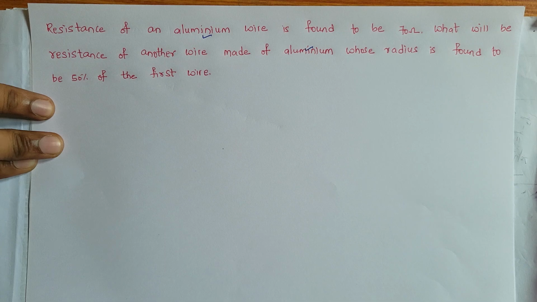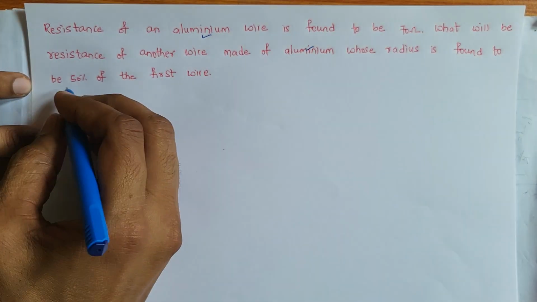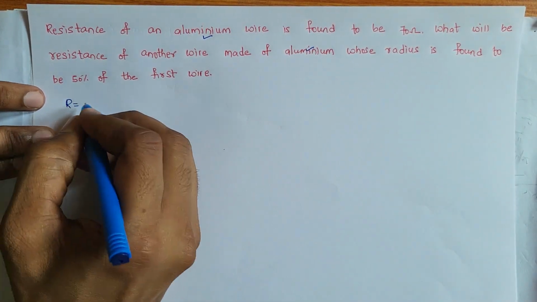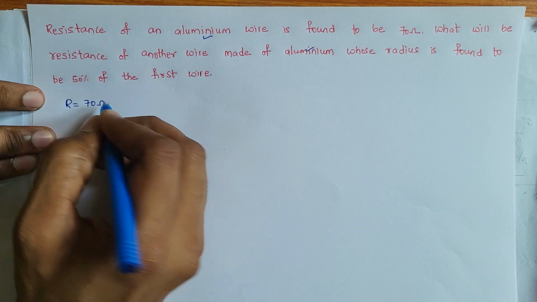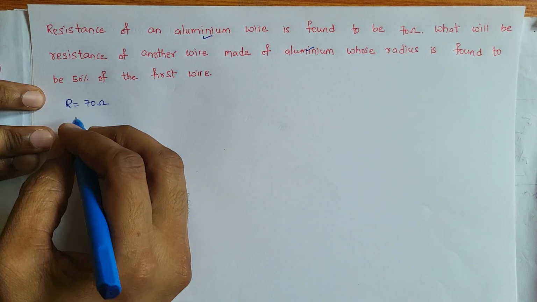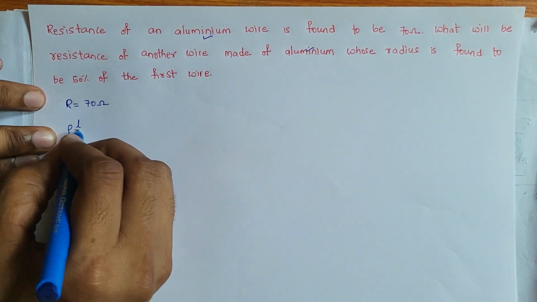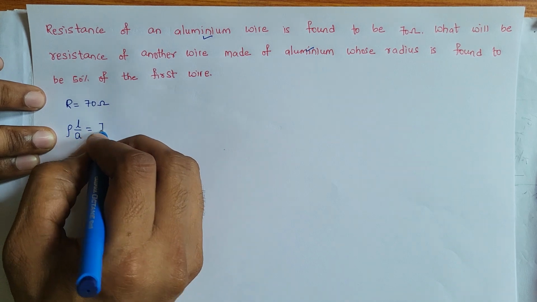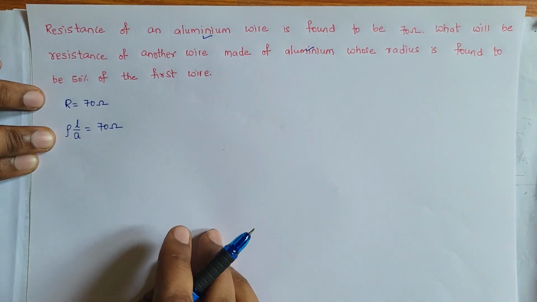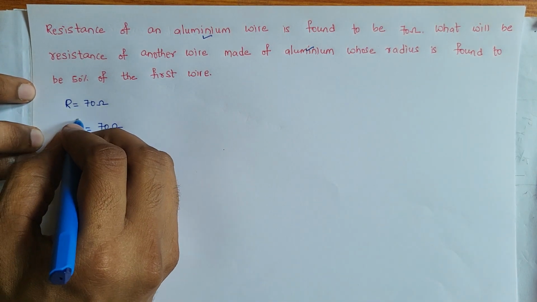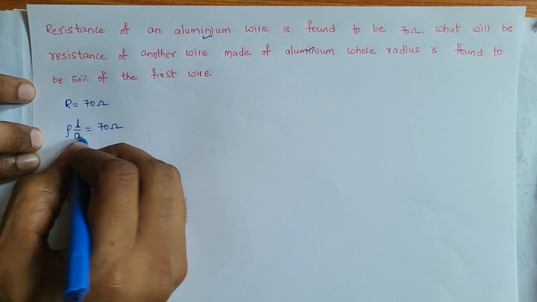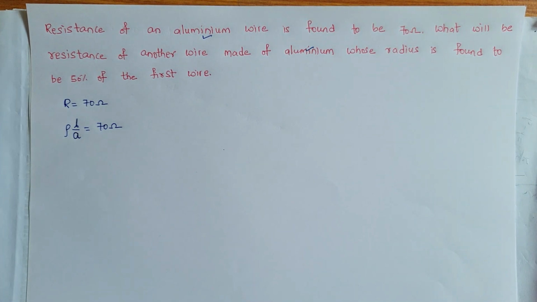Okay na? So first they gave resistance is 70 ohm. So resistance R is equal to 70 ohm. What is resistance formula? Resistance formula is rho L divided by A is equal to 70 ohm. It means that for some particular length and for some particular area of cross section, the resistance value is 70 ohm.